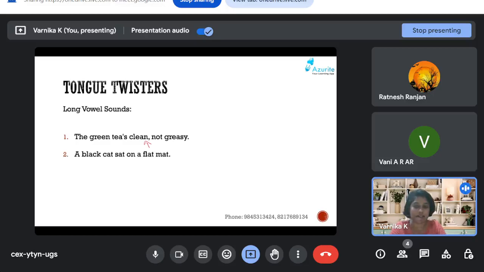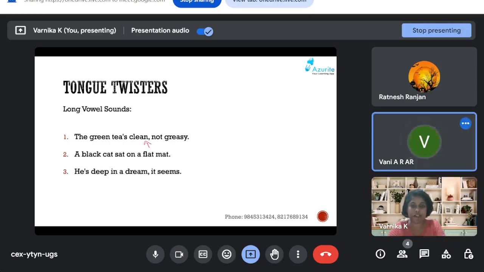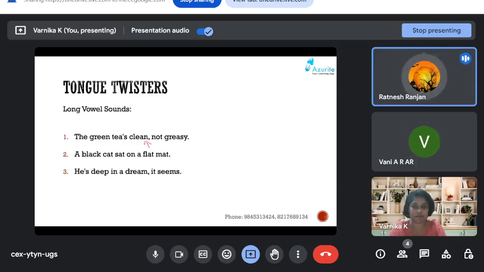Vani, next sentence, please. A black cat sat on a flat mat. Yes. One more. A black cat sat on a flat mat. Good. Yes, Ratnesh, third one. He's deep in a dream, it seems. Yeah.